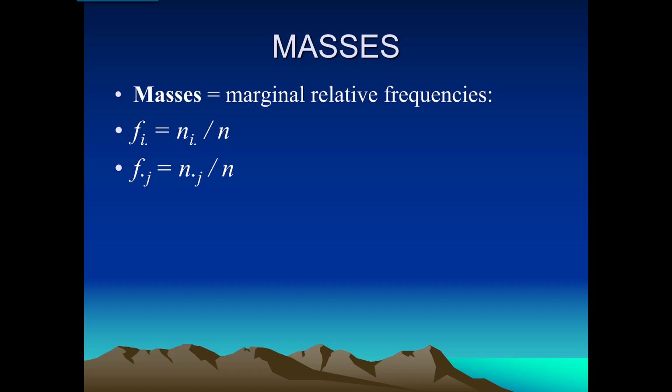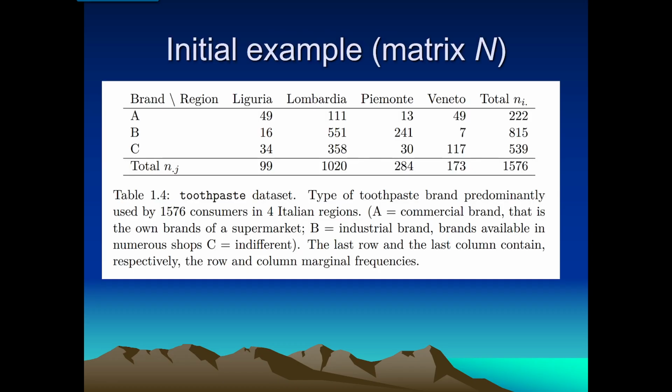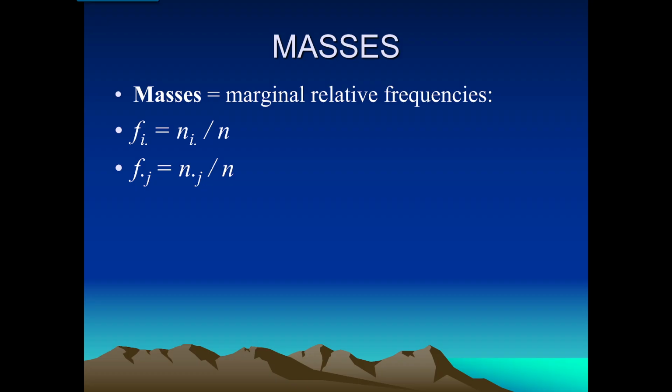You understand the notation? So n dot j, for example n dot 2, is this number here, the sum of the column. n1 dot is this number, the sum of the row. i dot is the sum of row i, and dot j is the sum of column j. So this is the notation.